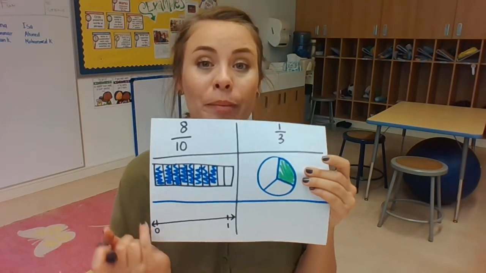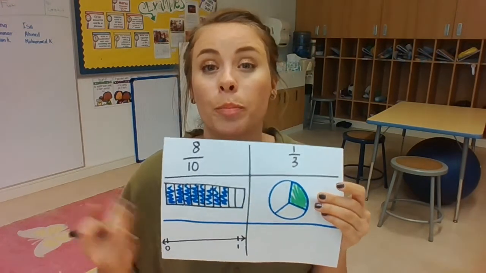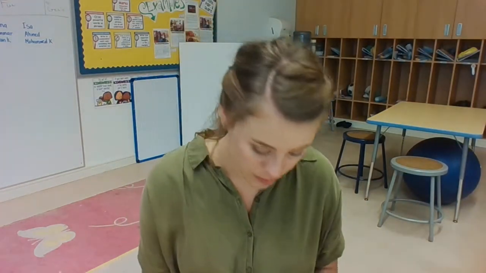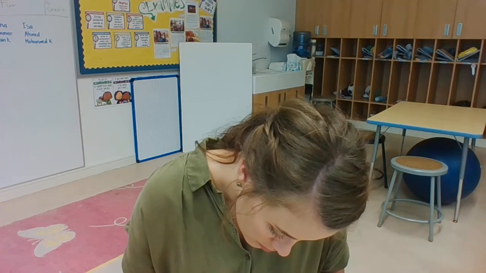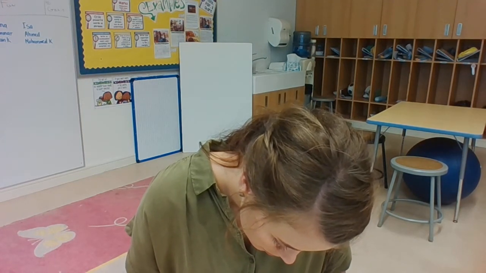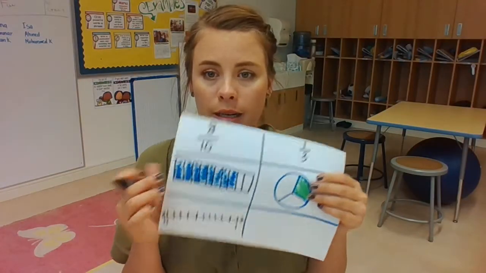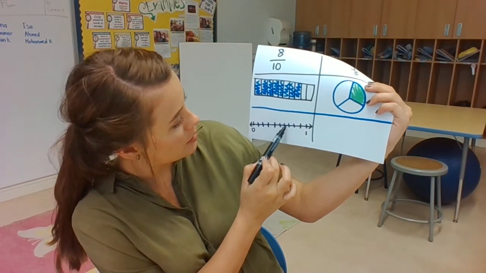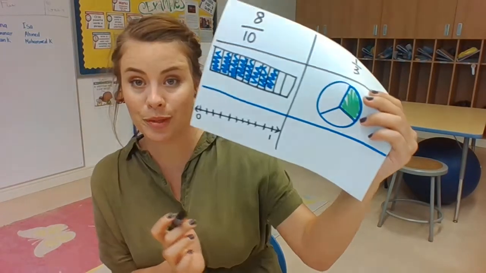So I'm going to do my best to cut up this number line or partition it into 10 equal pieces. Phew. Pretty sure I did it. Look at this. 1, 2, 3, 4, 5, 6, 7, 8, 9, 10 equal pieces.